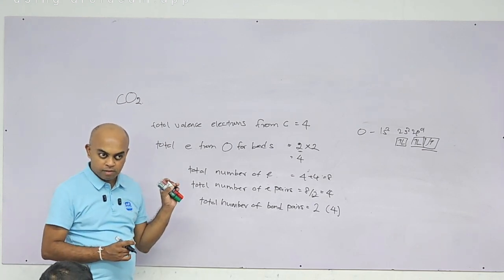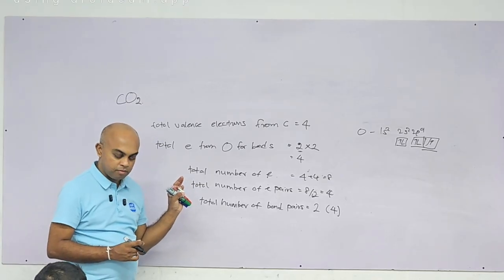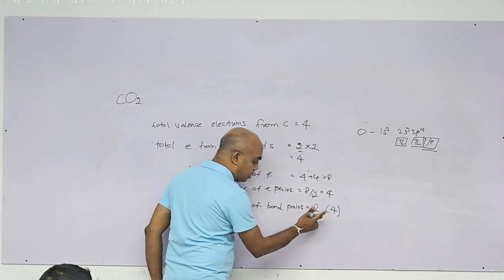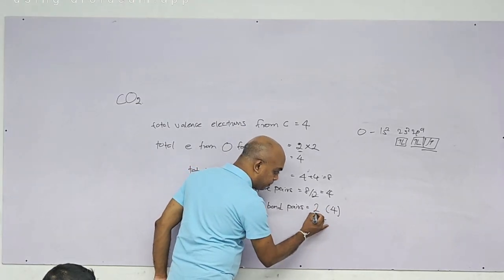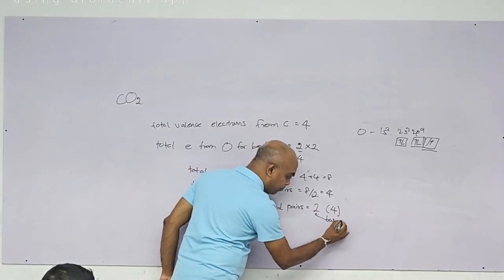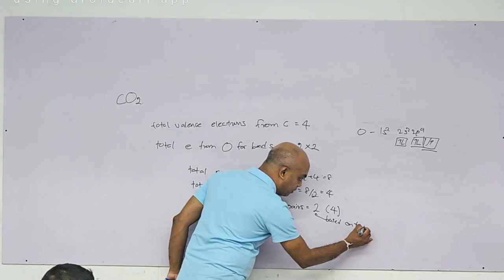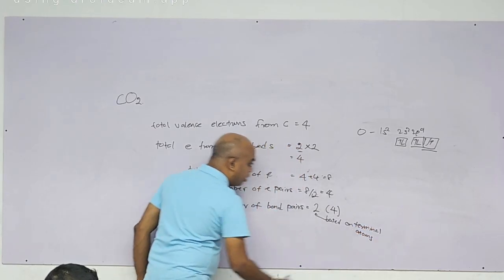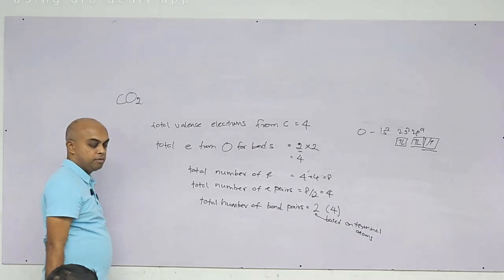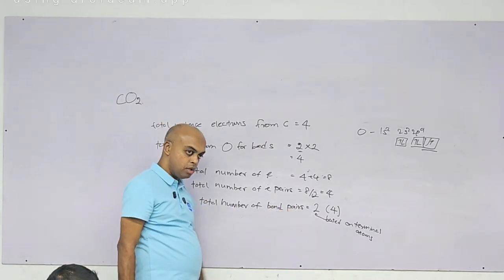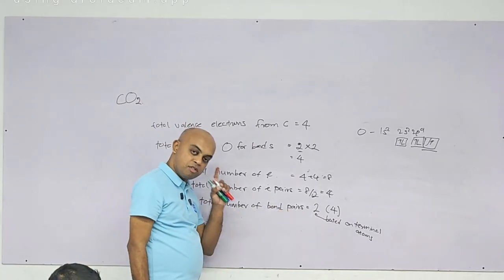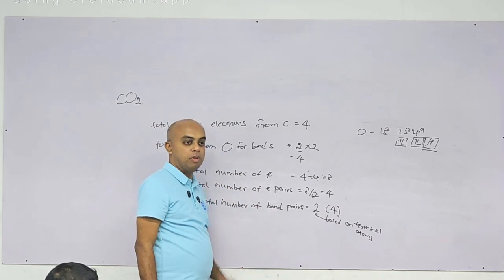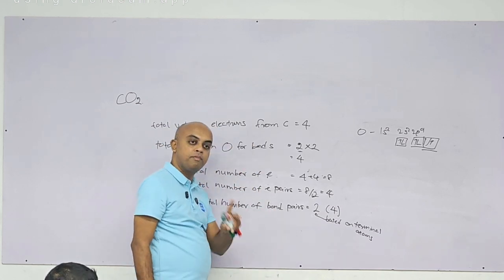Understood? Total number of bond pairs is 2. This is based on terminal atoms. There are 2 terminal atoms. That's why we put 2. But the problem is each terminal atom is consuming 2 electron pairs because oxygen is creating how many bonds? 2 bonds.